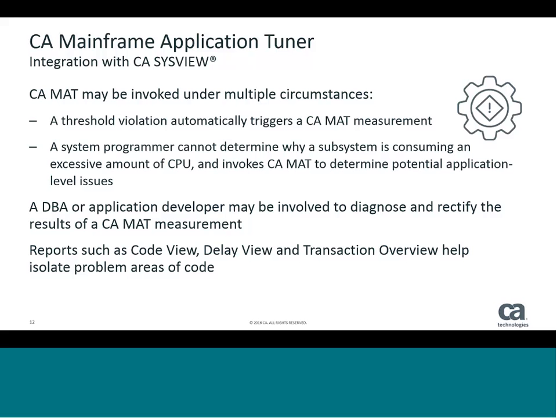Now, the second way, of course, is you can manually invoke a MAT measurement from any of the command lines within SYSVIEW. So if you are within SYSVIEW and you are monitoring a particular batch job or you're looking at a specific CICS or IMS transaction, from simply entering a command on the command line next to that transaction, you have the ability to invoke a MAT measurement against that transaction as it's happening.